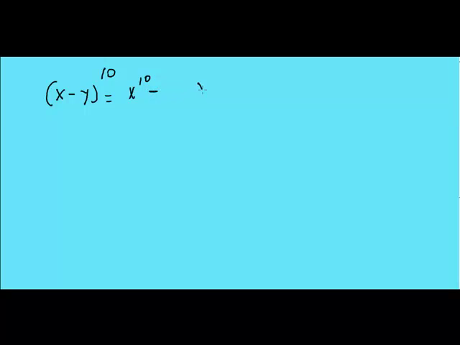Okay, and then this will be x to the 9th y, and then the next one will be a plus, and then it'll be x to the 8th y to the 2nd, and then next time will be minus, it'll be x to the 7th and y to the 3rd, and then the next one will be a plus. Okay, then you have x to the 6th and y to the 4th, and then the next one will be a minus, x to the 5th and y to the 5th, and then it'll be a plus, x to the 4th and y to the 6th.